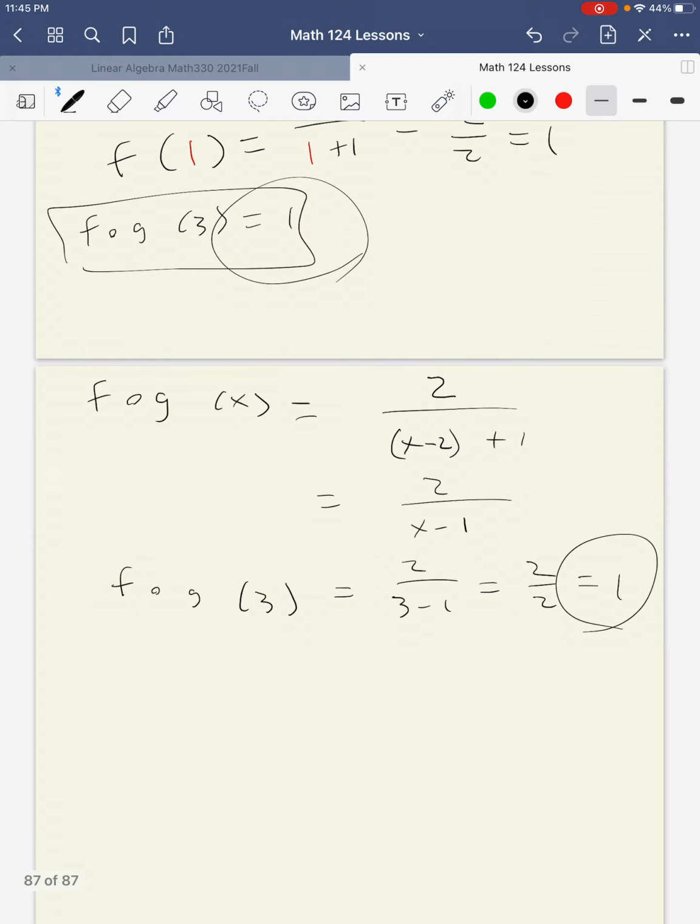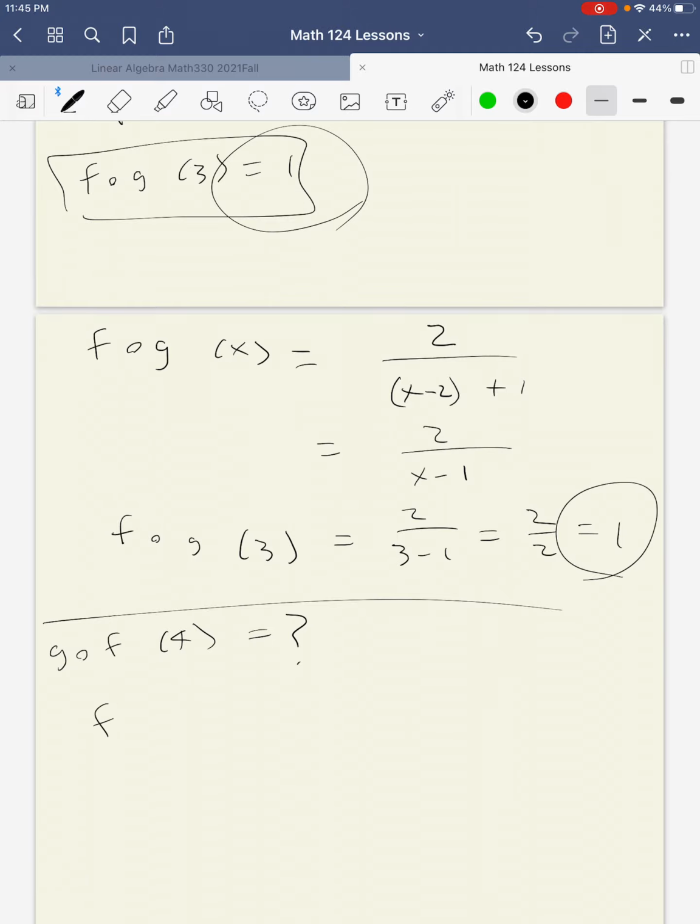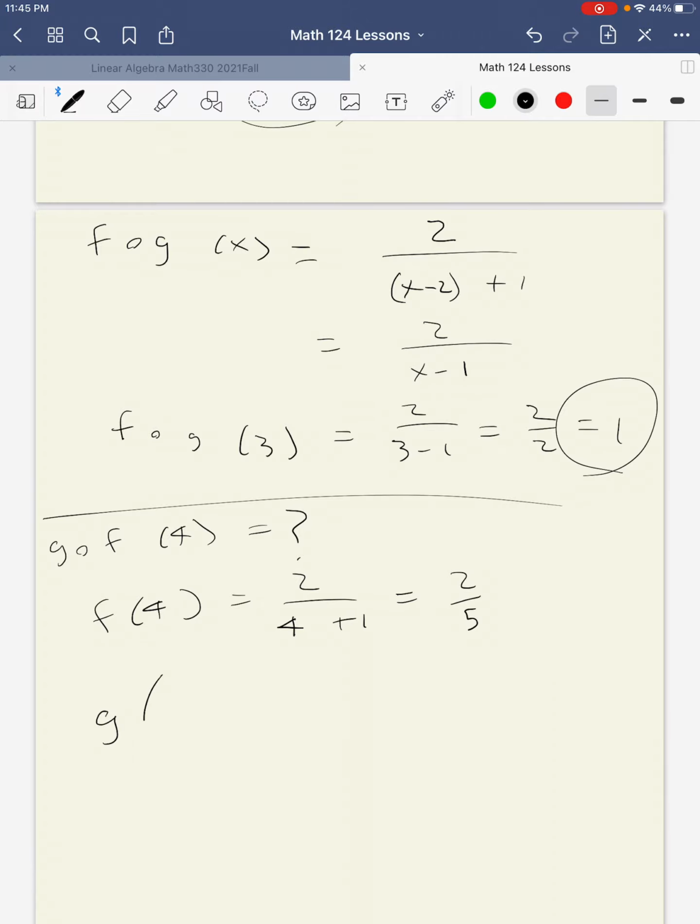Okay, so next we want to find g of f of 4. So first we can look at f of 4. That would be 2 over 4 plus 1, 2 over 5. So now we look at g of 2 over 5.